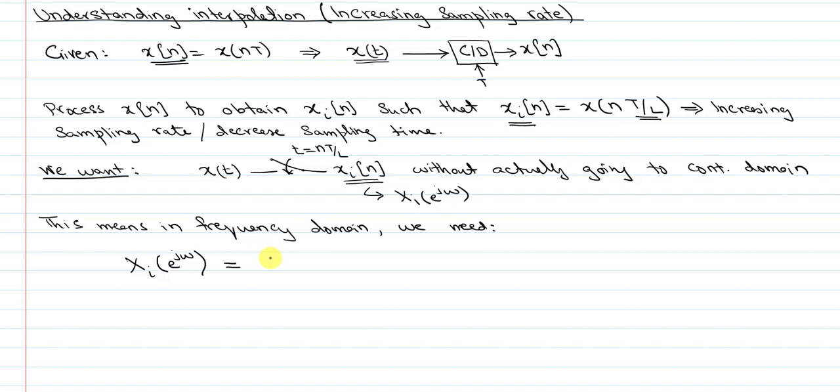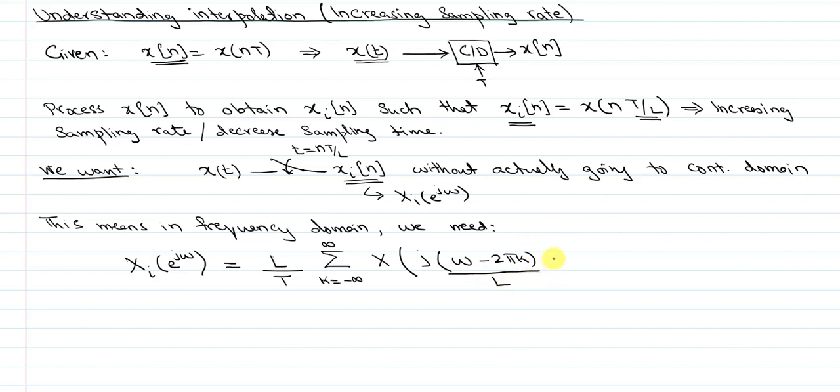We should get X_i, which is given by 1 over the sampling time, so it will be L/T. And then we need multiple copies of the Fourier transform of my continuous signal, which is scaled by the sampling time.